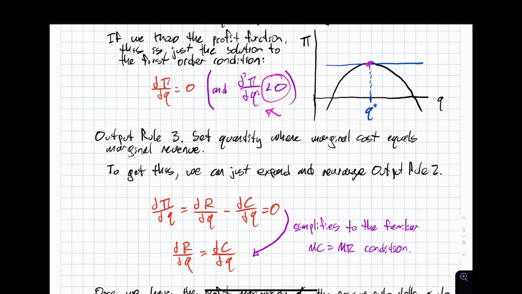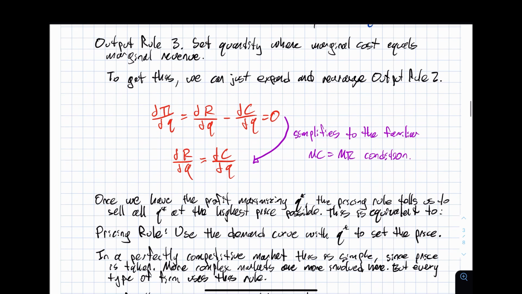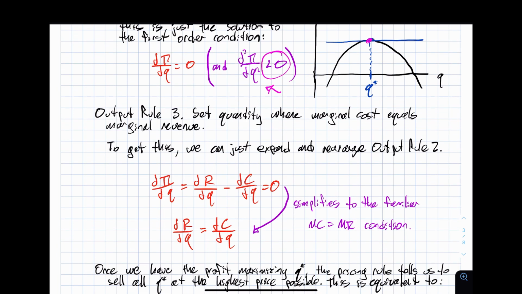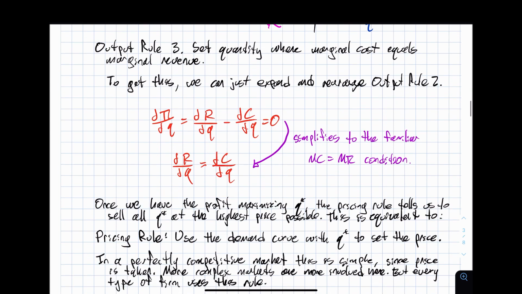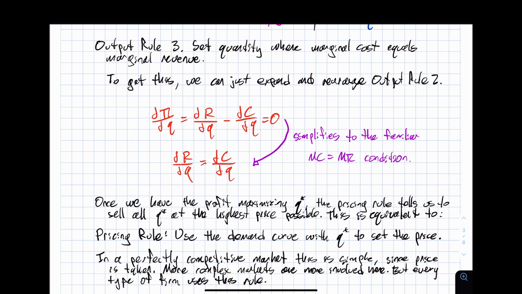Okay? But we could take that output rule 2 and rearrange it. If we expand the marginal profit into its 2 components from the definition of profit, we get the derivative of the revenue function with respect to Q and the derivative of the cost function with respect to Q, and we set that equal to 0.